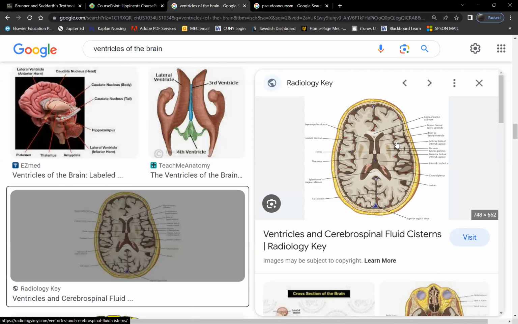So therefore, will the spaces retain the same shape? Will it impair the drainage of the CSF? Yes. Can that cause hydrocephalus? Yes, because now you're trapping the normal drainage pathways of the CSF. So that will compound the problem. So not just the hematoma, but as a result, we call these now secondary injuries.